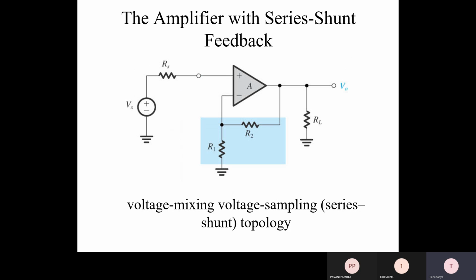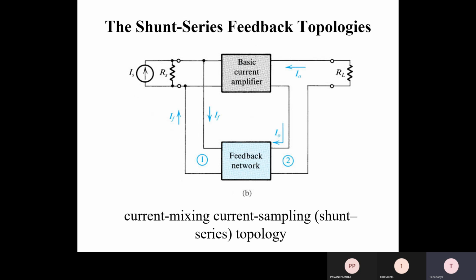So that is shunt-series, whereas previously it was series-shunt. And the current is the source element here. Current mixing and current sampling. I0 is the current, with current mixing and current sampling.